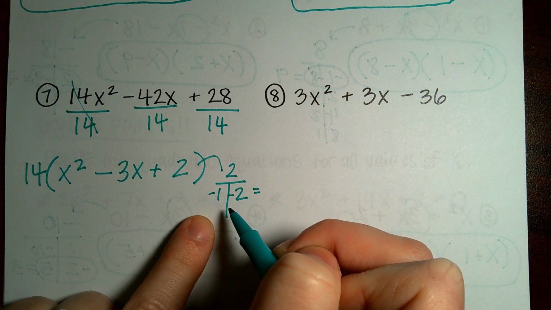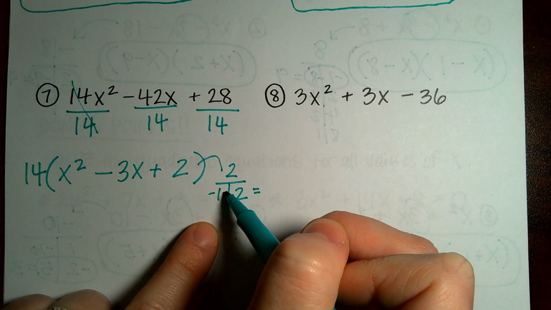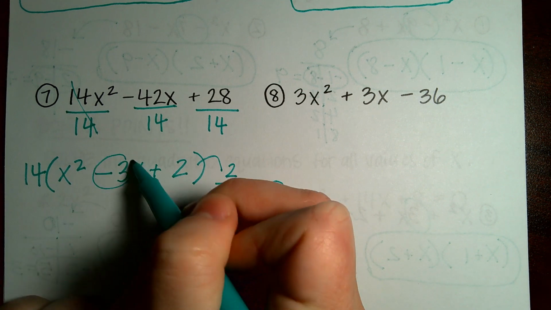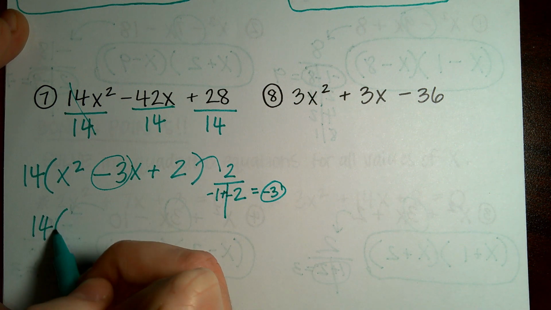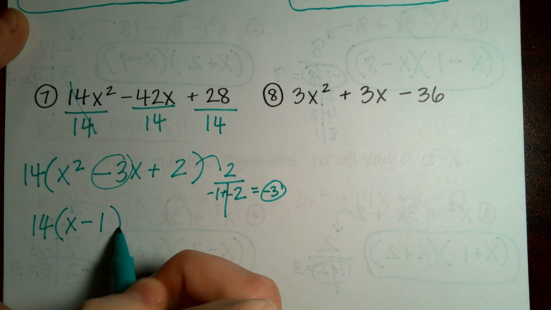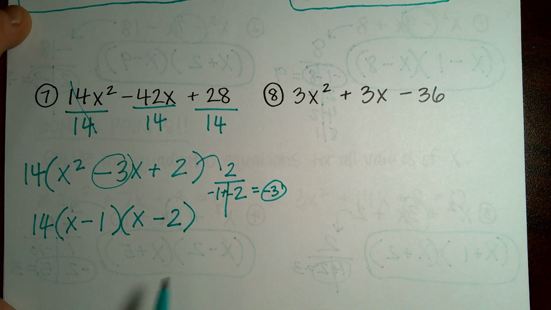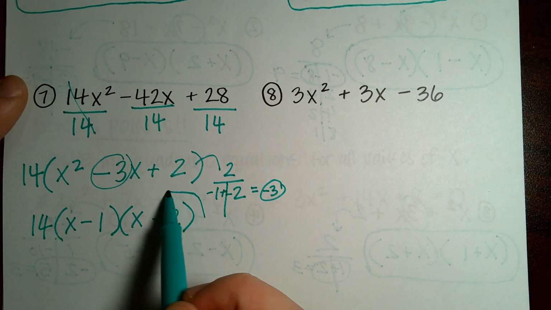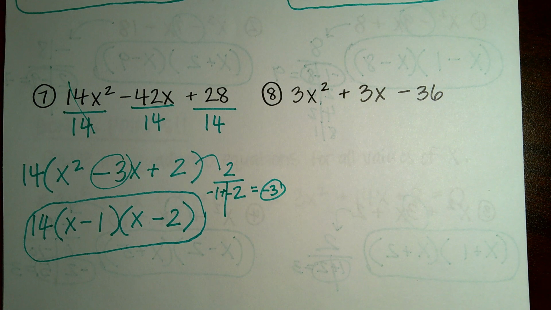So -1 times -2, that still gives me +2, but -1 plus -2 is going to give me my b, which is -3. So what would my answer be here? 14 times x minus 1. Perfect. You guys got that. 14 times x minus 1 times x minus 2. That is it, guys.